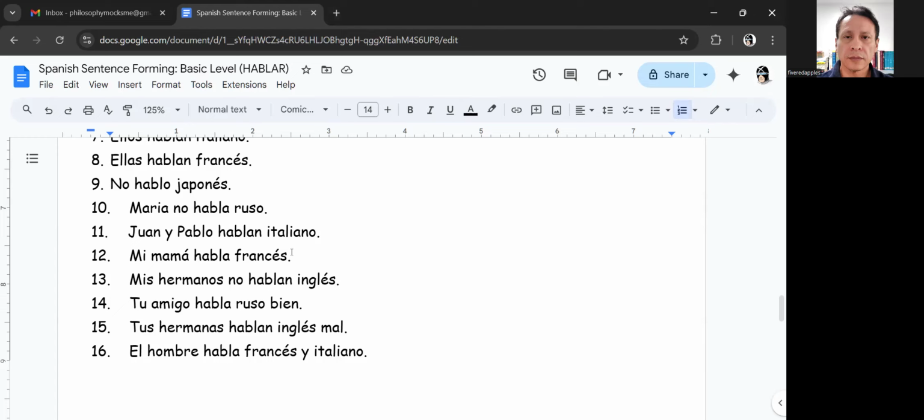Your sisters speak English poorly. Mal generally means bad, but in this context, because it's talking about speaking, it's an adverb, so it means poorly. Just like bien can be well or good or fine.